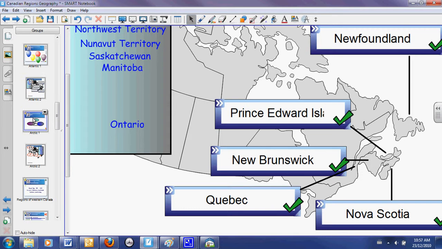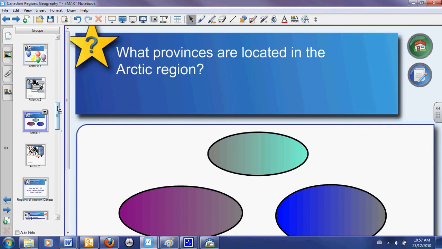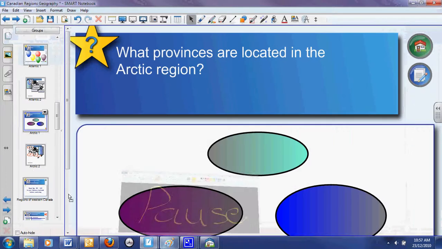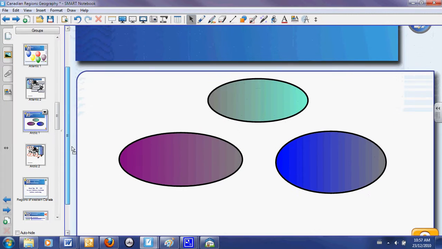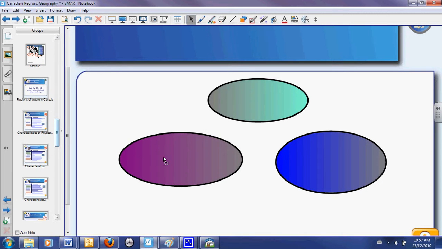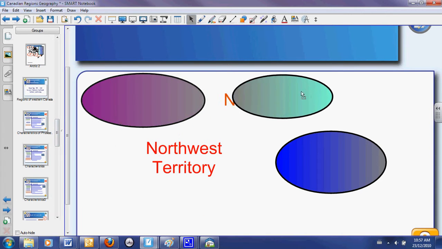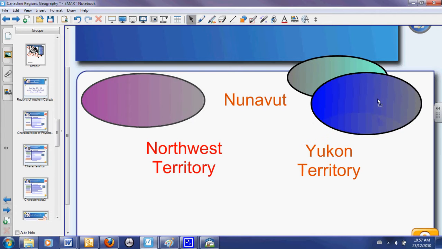Almost made an error there. What provinces are located in the Atlantic region? Pardon me, this is the Arctic region. Did I misread that?